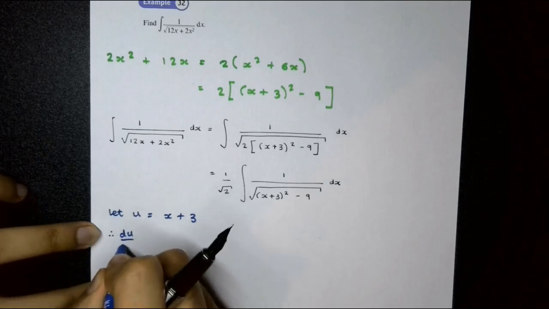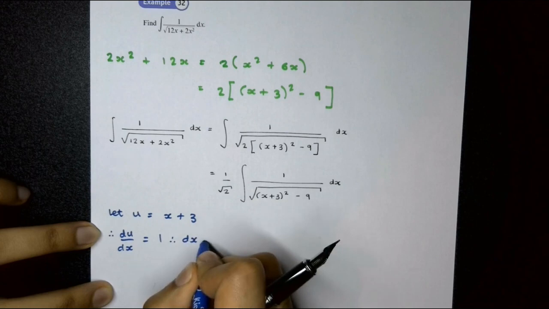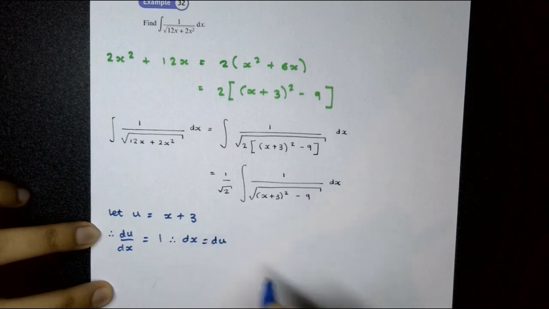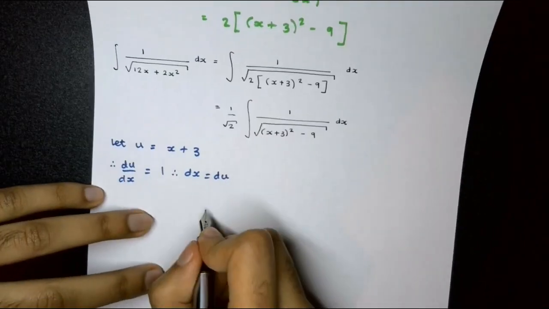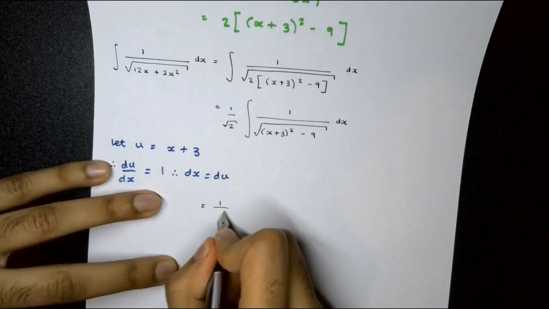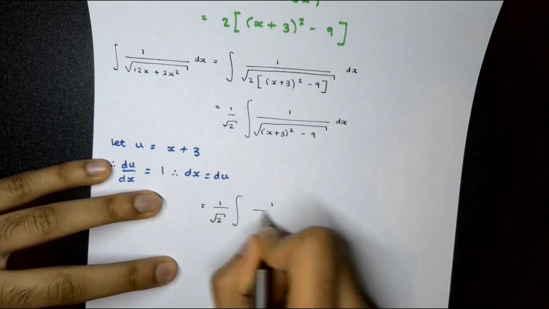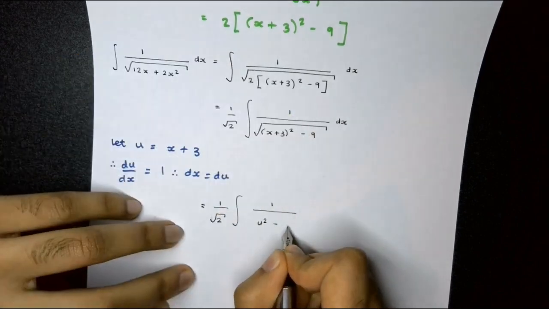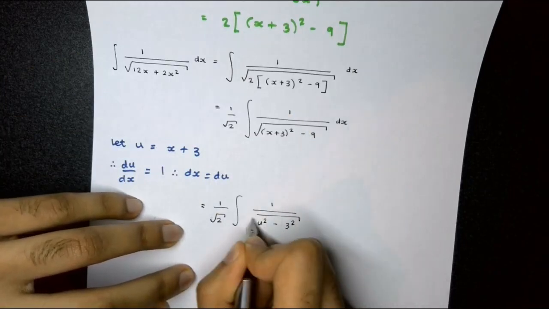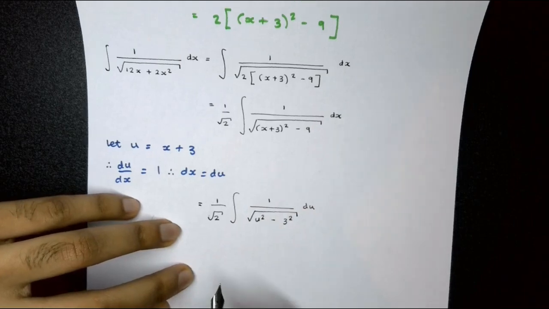du over dx is equal to 1, and therefore dx is equal to du. So what we'll end up with over here, if we change everything in terms of u, we've got 1 over root 2 times by the integral of 1 over the square root of u squared minus 9, and the 9 I'm going to write as 3 squared, integrating with respect to u.